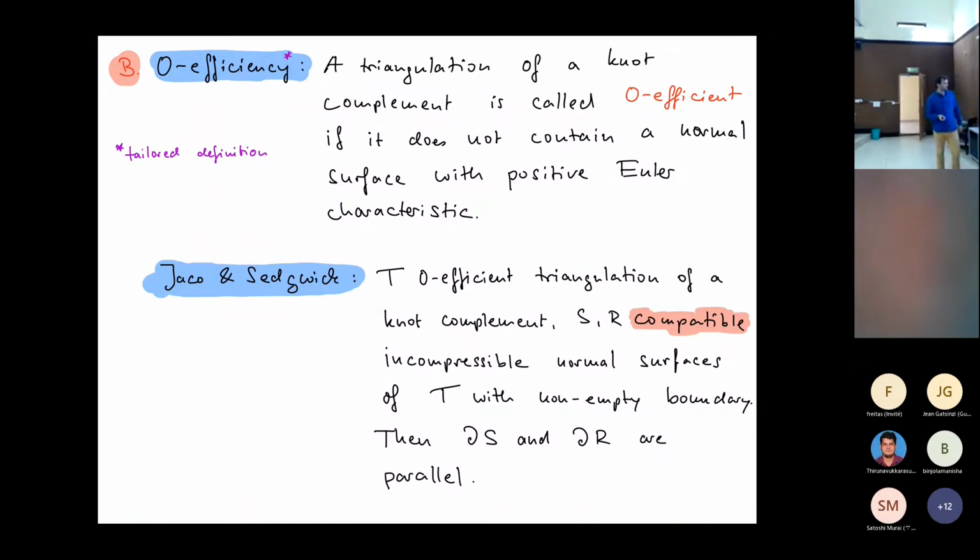There's a result by Jaco and Sedgwick that says that if we have a bounded surface, a surface with boundary, and the boundary is a 2-triangle torus, then there's a very neat argument that says you cannot have a Haken sum on the boundary. So all the boundary components you see in all the Haken sums must all be parallel. If you set up the proof right, it really comes down to the orientability thing.